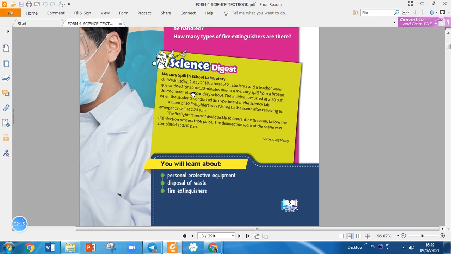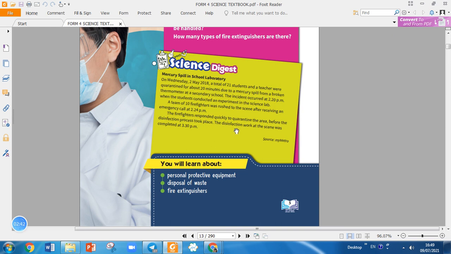So here is the Science Digest regarding mercury spill. A mercury spill in a school laboratory is one of the common accidents that will occur in the school lab. We cannot handle the mercury spill by ourselves without help from our teachers or lab assistants. You have to be very careful when you handle a mercury spill.